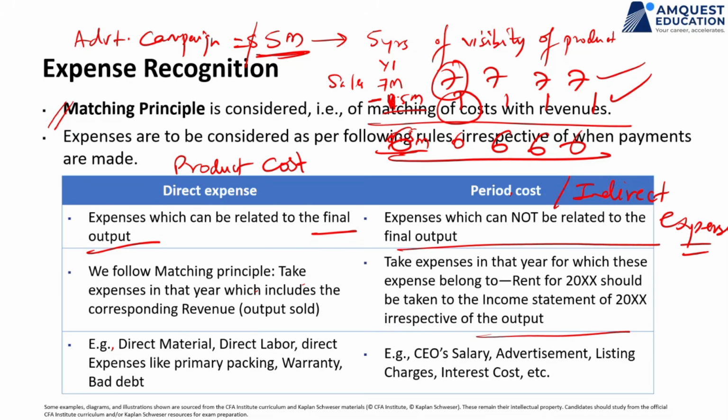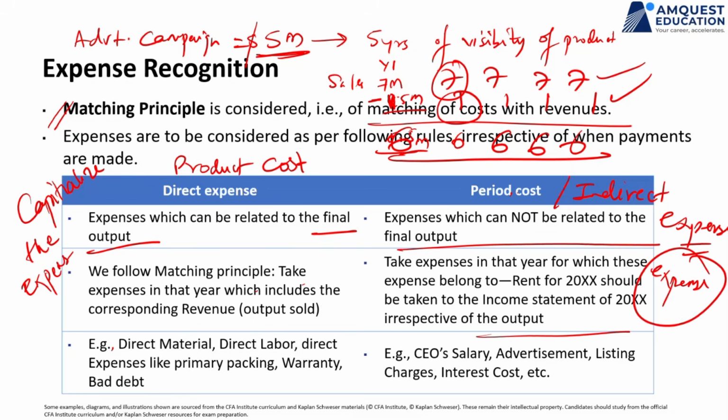This expense has been incurred, right? In direct expense, we can capitalize the expense. And when we say capitalize the expense, just put it on the balance sheet and gradually amortize the expense. In period cost or indirect cost, it is a simple expense.